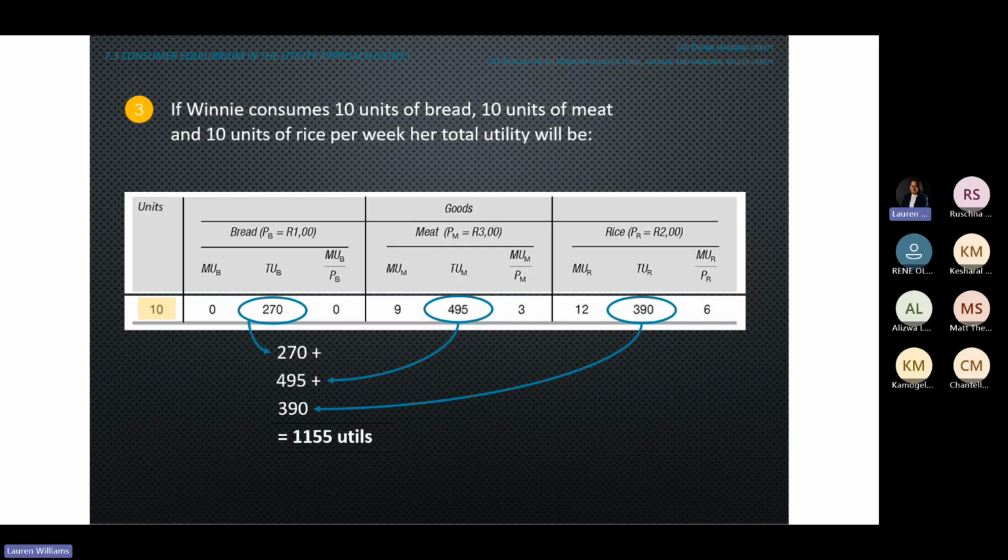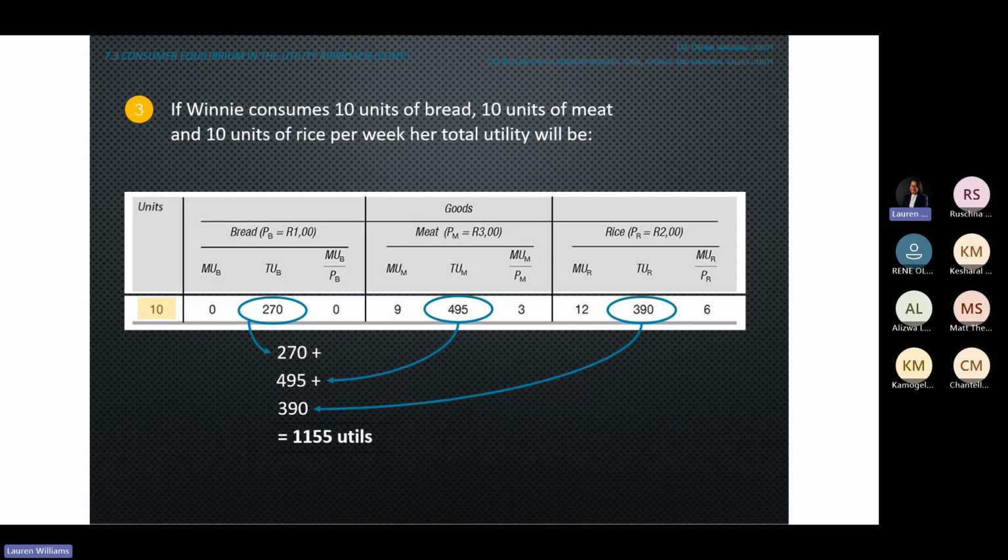We're trying to maximize our level of satisfaction. The slides are not doing it for me, but essentially, if Winnie consumes 10 units of bread, 10 units of meat, and 10 units of rice, what will her total utility be?